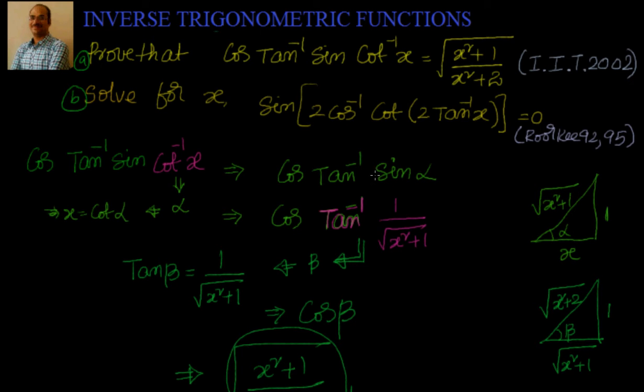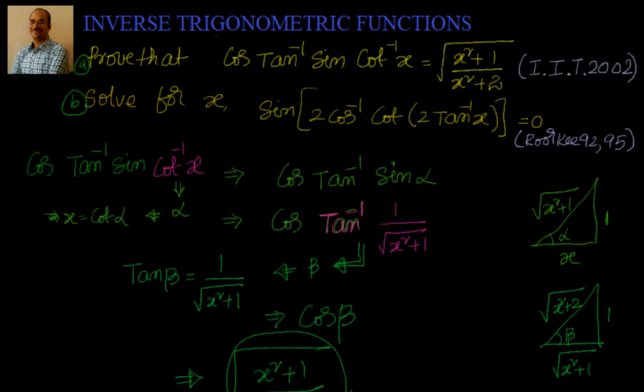Then we found sine alpha. Again we have tan inverse of something, taken as another angle beta. From that I know tan beta, but what I have to find is cos beta. Going by Pythagoras for beta, I get cos beta. Okay, we'll solve the next.